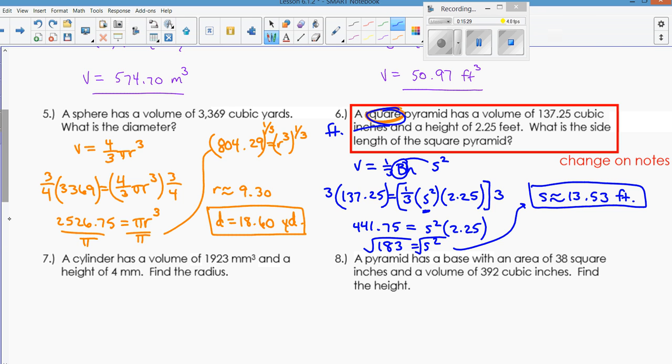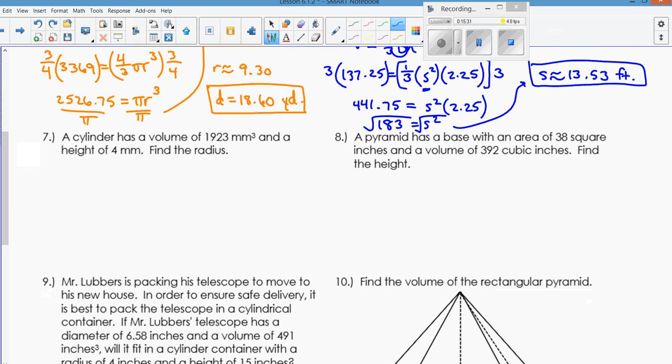Alright, let's try again. So this next one, you can see we want to find the radius, which means, again, we're working backwards. So a cylinder has a volume of 1,923 cubic millimeters and a height of 4 millimeters. Find the radius. So cylinder means that in order to find the volume of a cylinder, we're doing area of the base times height. Okay, we don't need to do 1/3.